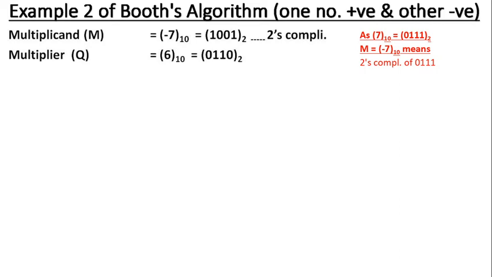As we know that positive 7 is equal to 0111, if I take its 2's complement, then it will be minus 7. So here M is equal to 2's complement of 0111, which means 1's complement, that is 1000, plus 1, that is equal to 1001. So straightaway on the upper line left side it is written multiplicand M is minus 7, which is 1001.